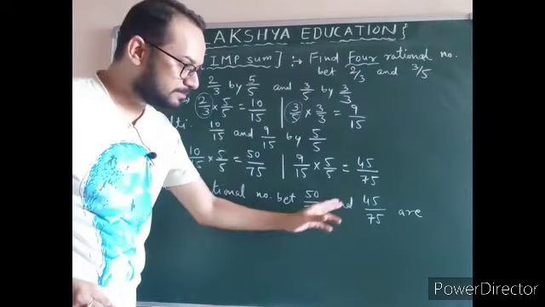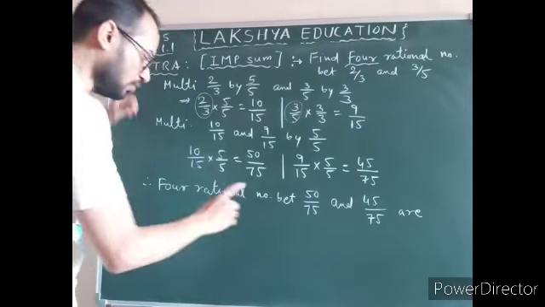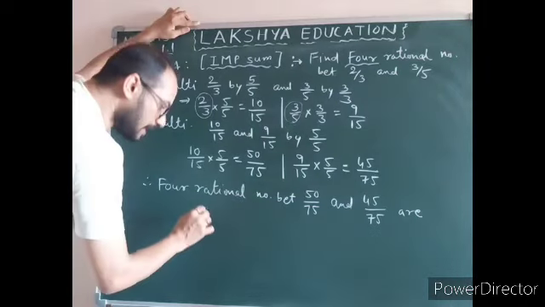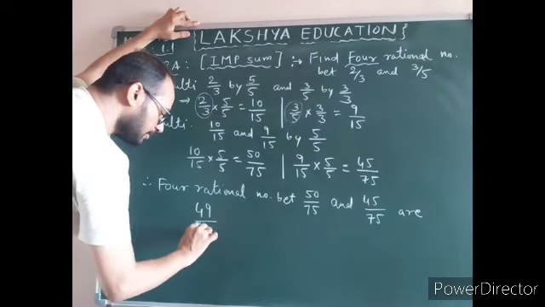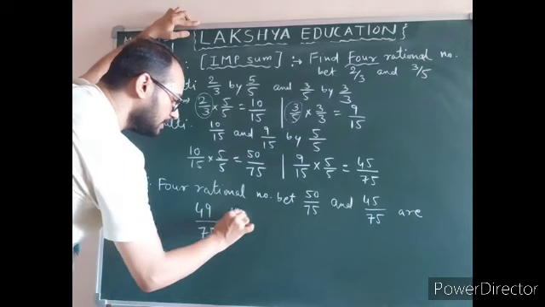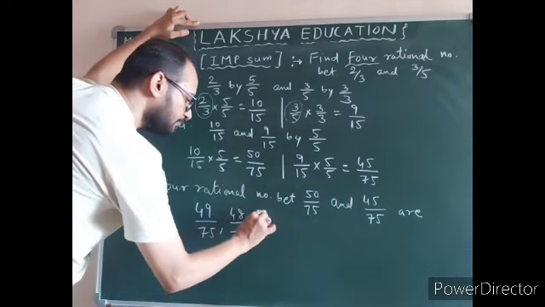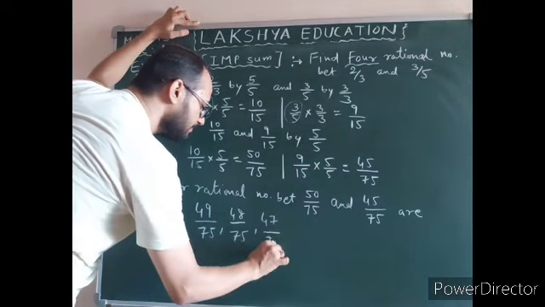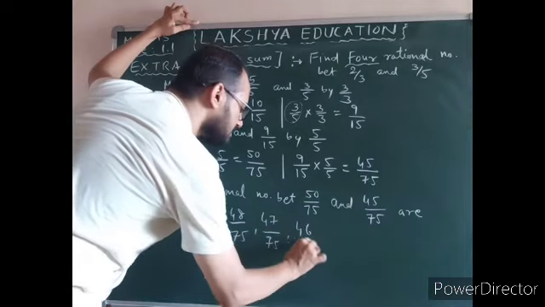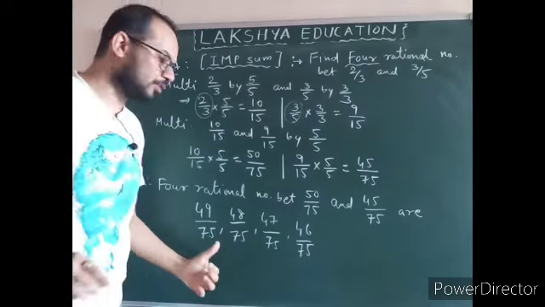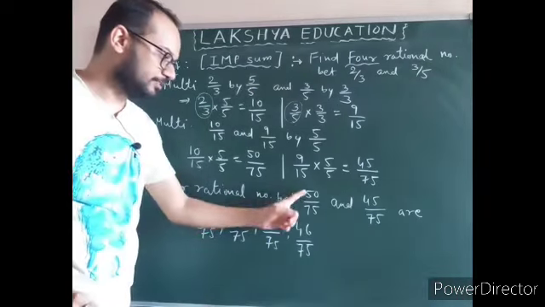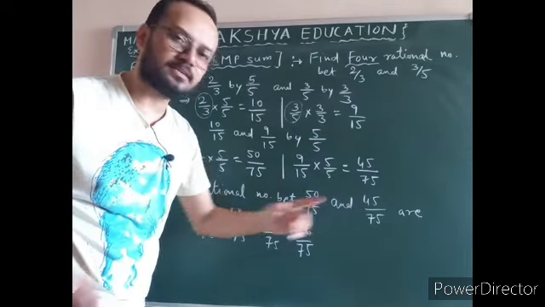So those numbers can be adjusted between these two numbers. So the 4 rational numbers between these two numbers are 49 upon 75, 48 upon 75, 47 upon 75, 46 upon 75. These are the 4 rational numbers between 50 upon 75 and 45 upon 75.